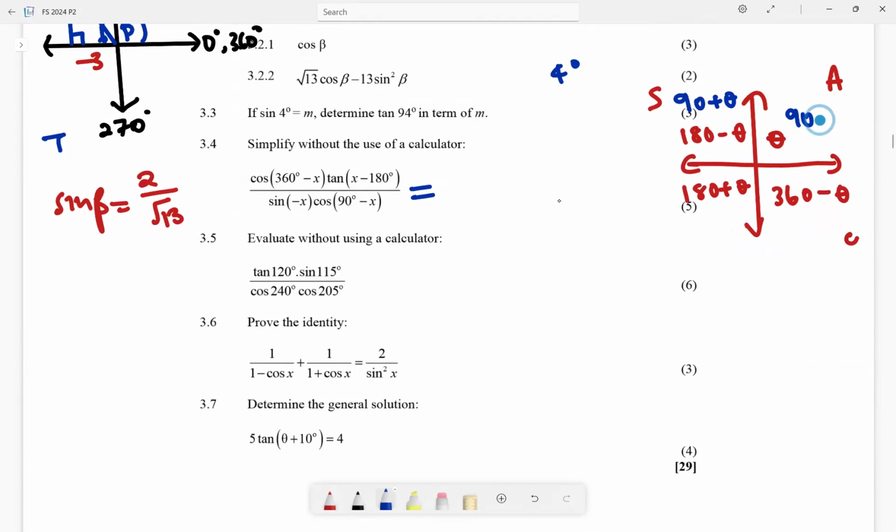I feel like my thing has shifted. Okay. Can you see now 360 minus, it is on this quadrant. Then how is cos in that quadrant? Cos is positive. So cos x multiply. This is multiply, right? And x minus 180. This you can rewrite as, remember tan x minus 180.